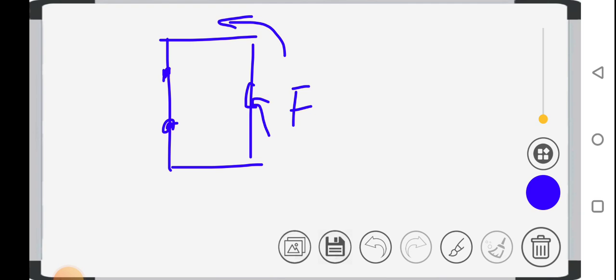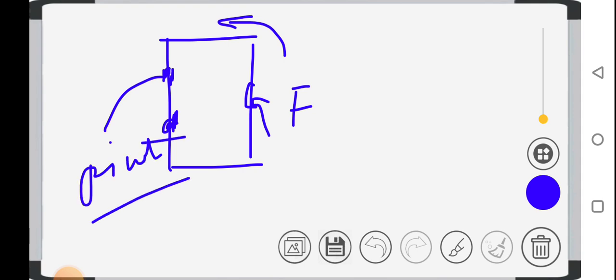Why does the door produce a turning effect? Because doors are also fixed or pivoted, at the hinges. Doors are fixed or pivoted at the hinges, and hence it produces a turning effect, which is known as moment of force.